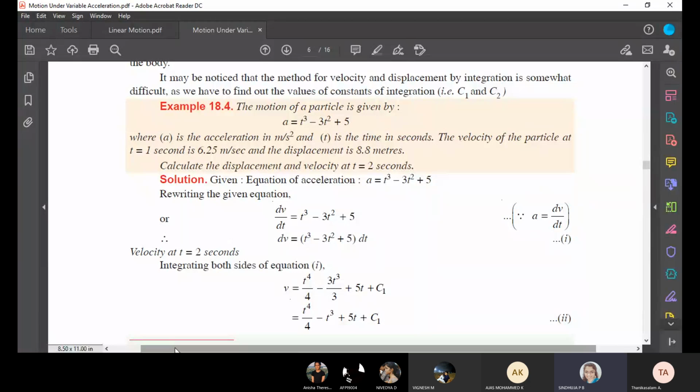The velocity of the particle at t equal to 1 second is 6.25 meters per second and the displacement is 8.8 meters. Calculate the displacement and velocity at t equal to 2 seconds.